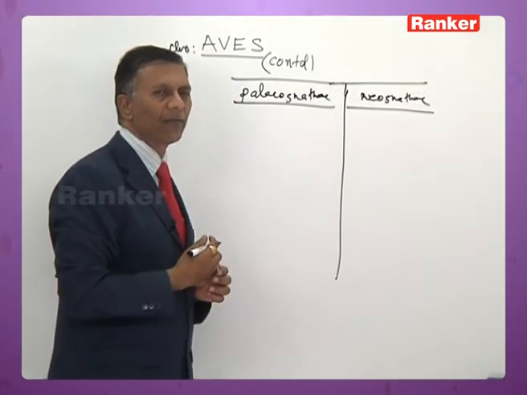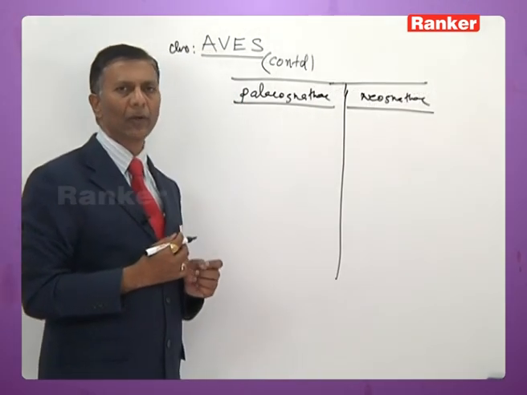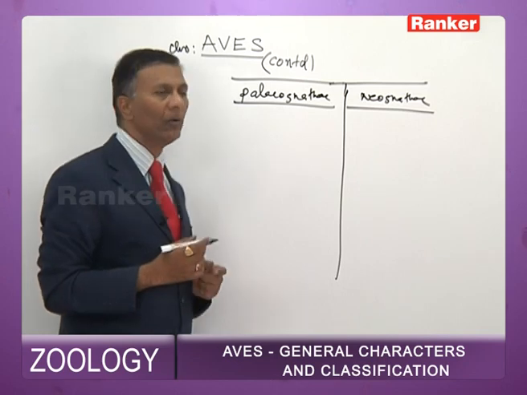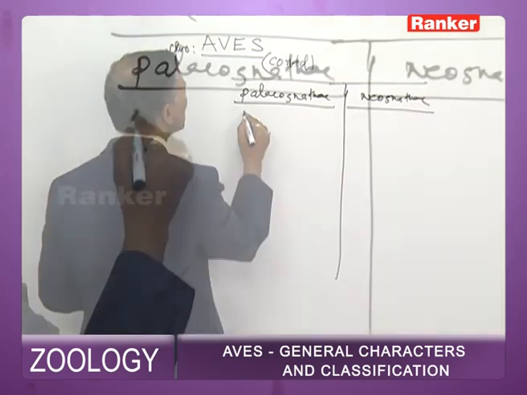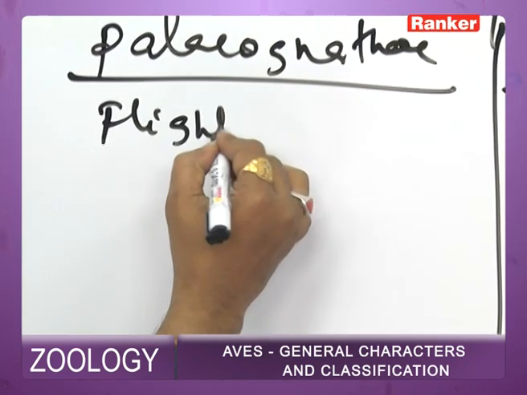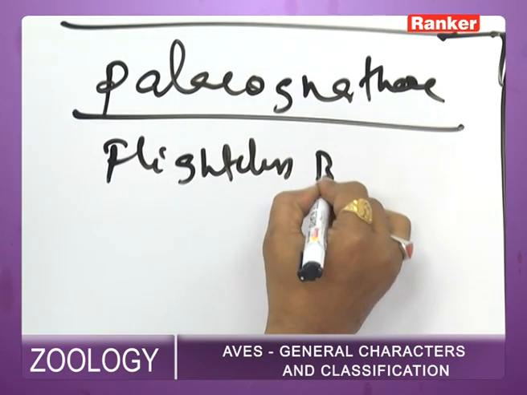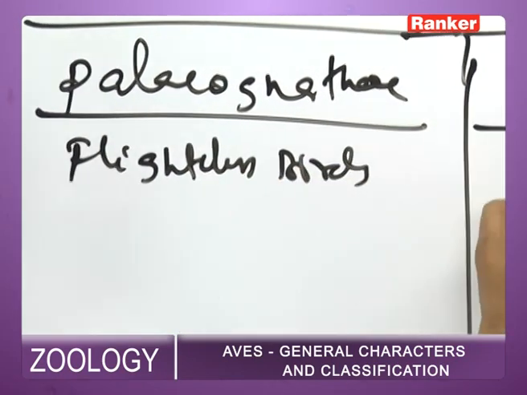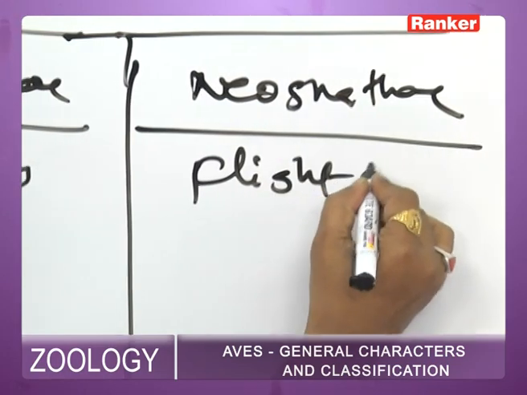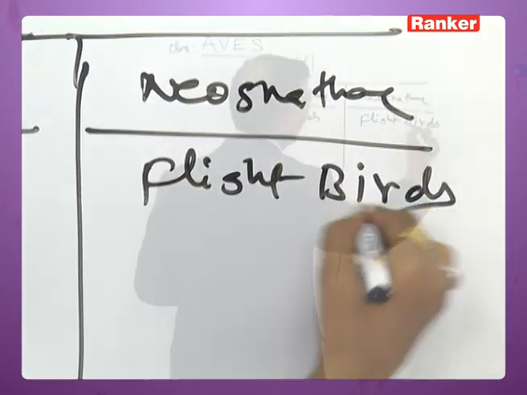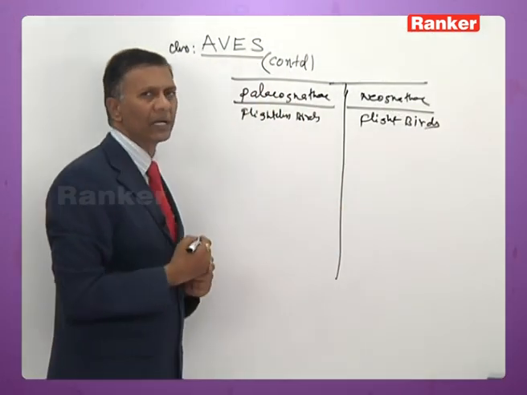Now I'll put before you the important characters of Paleognathae and Neognathae. Paleognathae includes flightless birds. Neognathae includes flight birds.